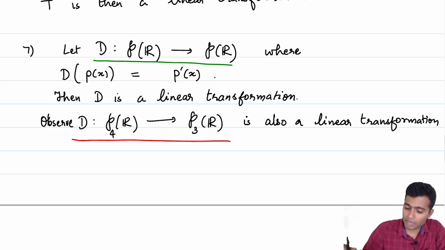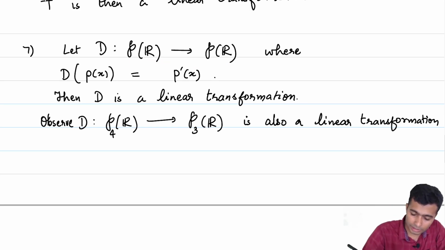So, even though the map is exactly the same, I did not write the map. What is the map? The map is where D of P of x is the derivative.